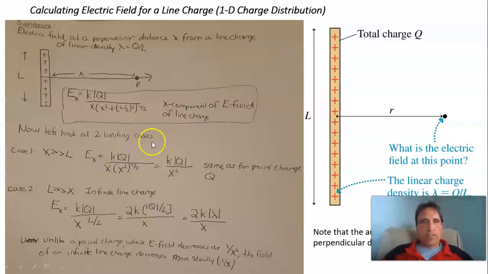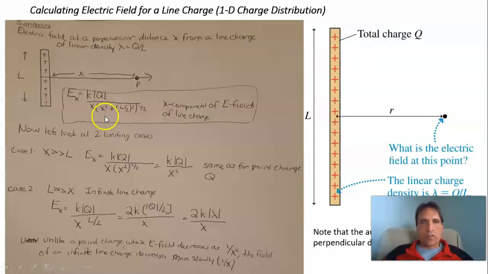So the first case, let's assume that the distance x, or r as the author calls it, the perpendicular distance from the center, is a lot longer than the length of the wire. So in other words, we're far away from the wire. Okay, so x squared will be much, much larger than L over 2 squared.